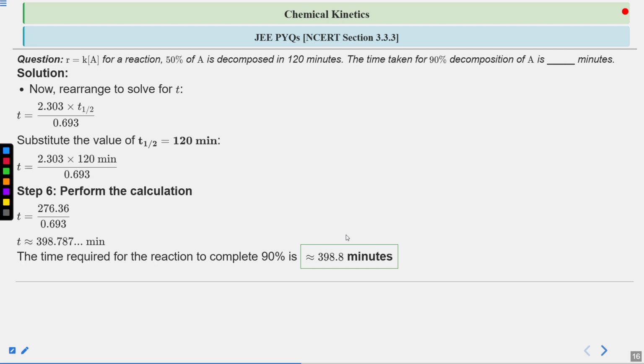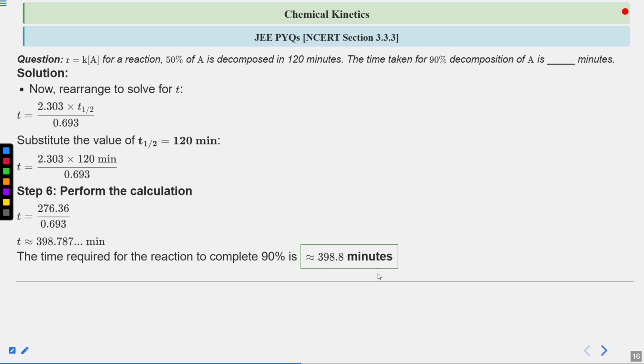You have to calculate the time taken for 90% decomposition of A. If you have determined the order of the reaction, then you can apply the rate constant and time relationship equation to get the time taken for 90% decomposition of the reactant. Here in this case it comes out as 398.8 minutes.